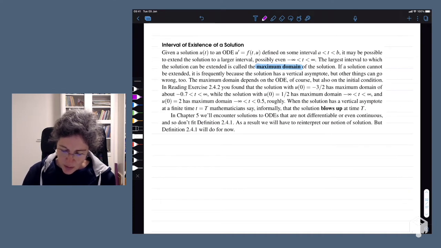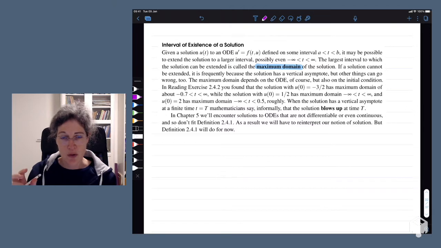Just a word of warning, if you go further on in DEs, probably further than we will in this course, you can encounter some solutions that are not differentiable or continuous, in which case the definition that we just gave falls apart. But for pretty much everything that we're doing for this course, it'll do.